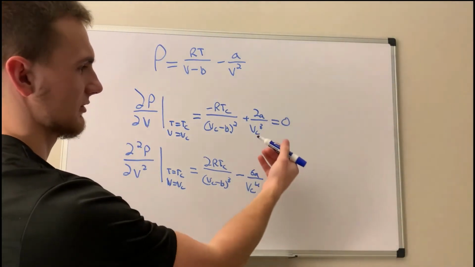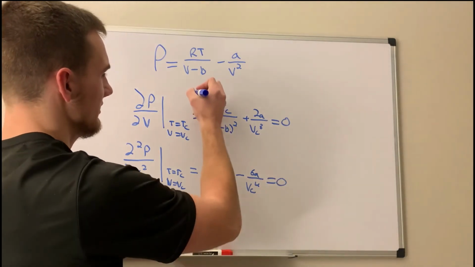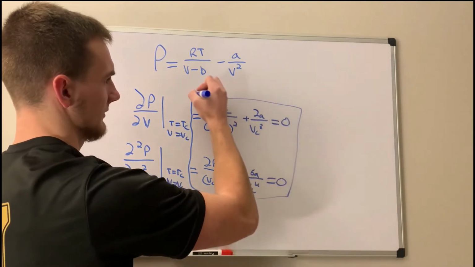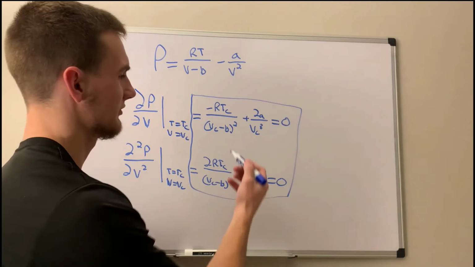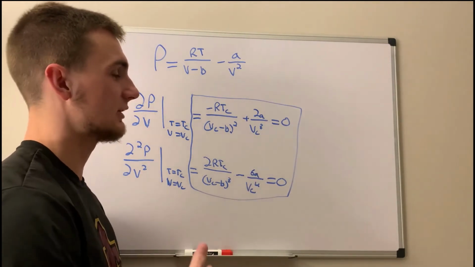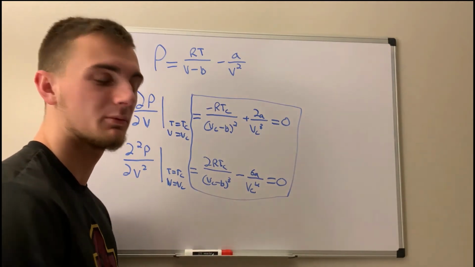So these are our first derivative set equal to 0 and the second derivative set equal to 0. These two equations give us our two equations with our two unknown parameters, a and b. So I'm going to erase this and rewrite these equations, and we'll go ahead and solve for the a and b parameters.